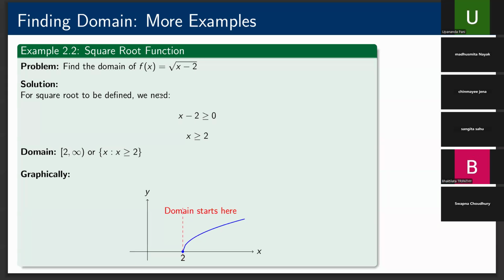If we take the value of x equal to 0, what is the value of y? Equal to square root of minus 2, which is impossible. So we have to make the restriction that the minimum value x can take is 2, so that 2 minus 2 equals 0 and the square root is possible. When we increase the value of x, we get a positive number, and the square root is possible. That's why the domain is restricted here.